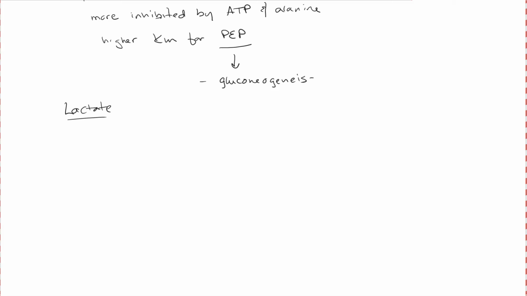When skeletal muscles are exercising really strenuously, getting all pumped, the available tissue oxygen is going to be consumed rapidly, and the pyruvate generated by glycolysis can no longer be oxidized in the TCA cycle because we just don't have enough oxygen available to meet the rate of energy demand. So instead, excess pyruvate is reduced to lactate by lactate dehydrogenase.